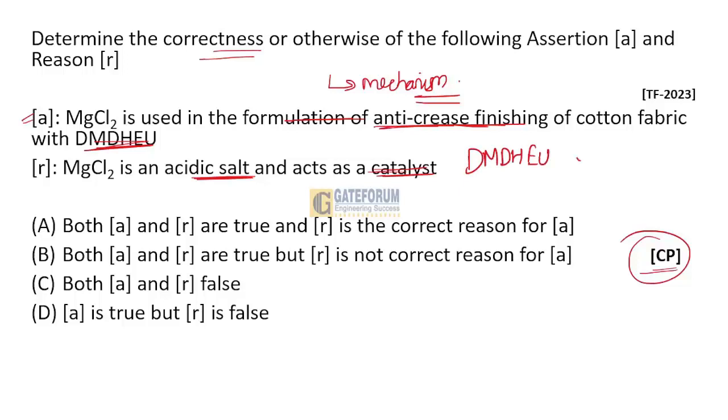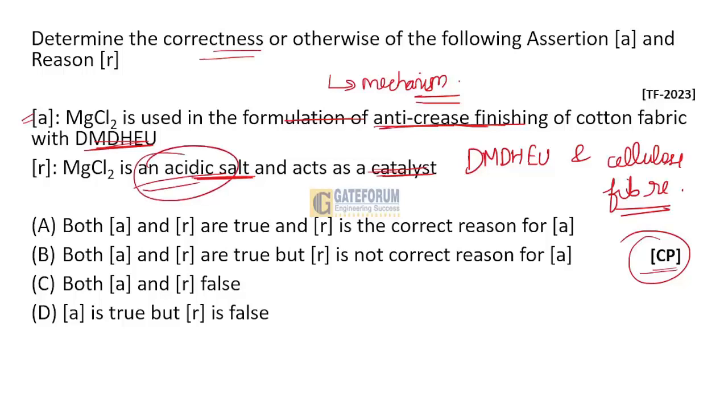DMDHEU and cellulose fibers, that results in improved wrinkle resistance or anti-crease resistance of the fabric. So MgCl2 is basically an acidic salt. Why acidic? Mg2+ and 2 Cl minus.